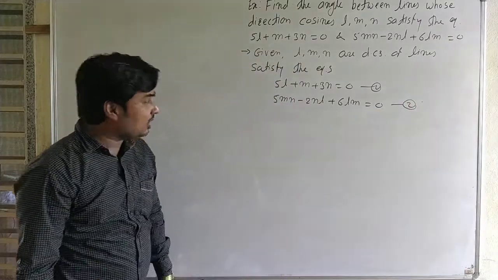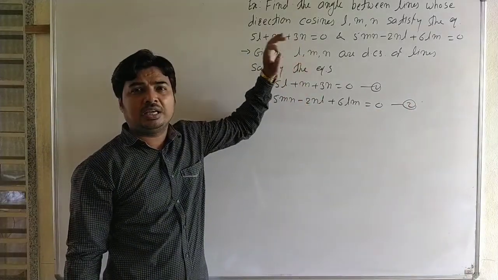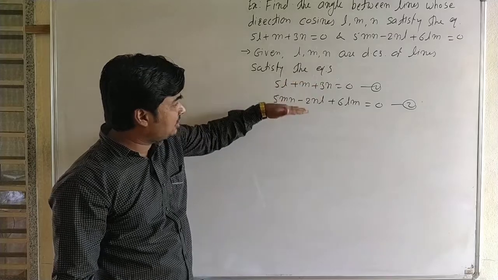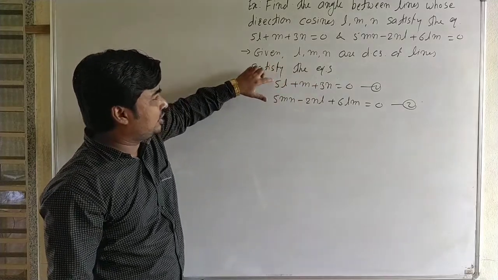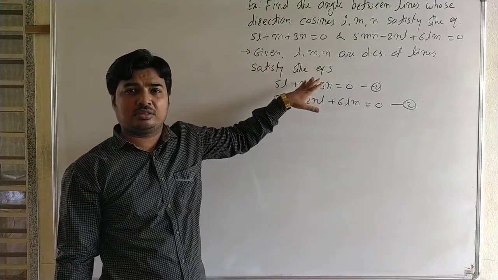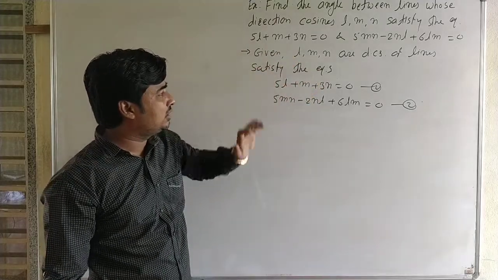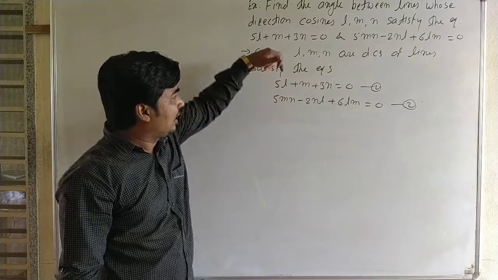Here it is given that the direction cosines L, M, N satisfy these two equations. Then from these two equations we have to find the direction cosines of these two lines.